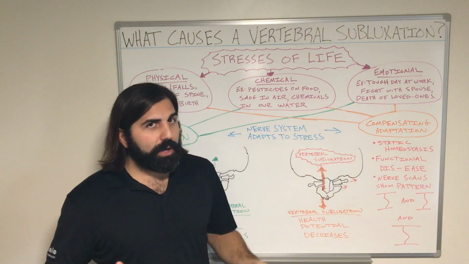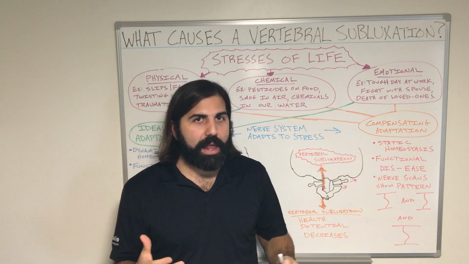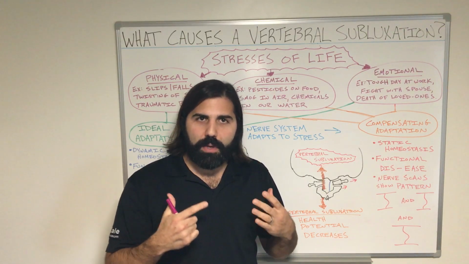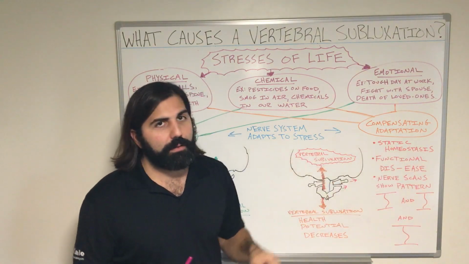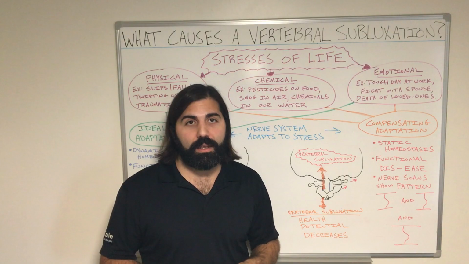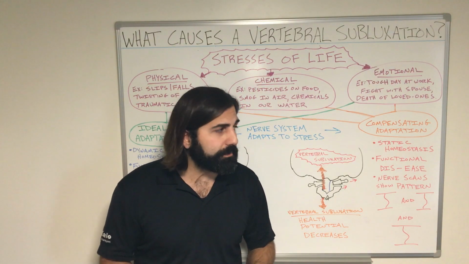When our body starts to create adaptations, we get into a realm of what's called static homeostasis. This means our body is able to maintain a relative level of homeostasis, but some aspect of it isn't able to adapt as best it can. It's not at its functional optimal level.